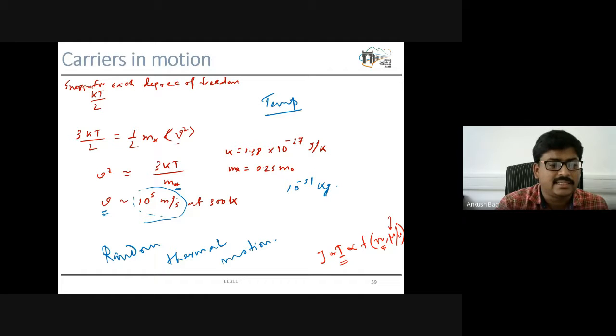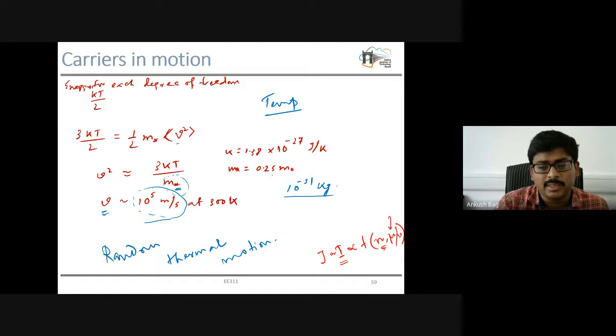And another thing is, why do these electrons or carriers have such high velocity? The reason is this effective mass, because the mass of the electron is very small. That is why the thermal energy it has comes mostly in terms of velocity, because the mass is very small, 10 to the power minus 31 kg for the free electron mass.